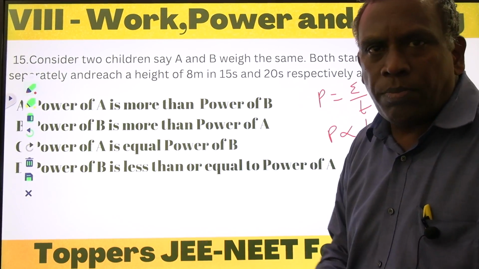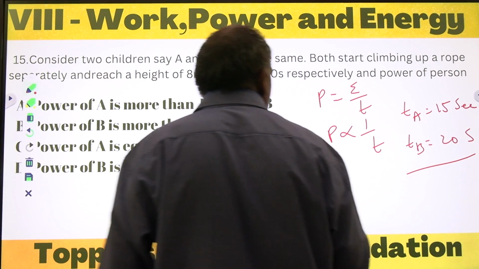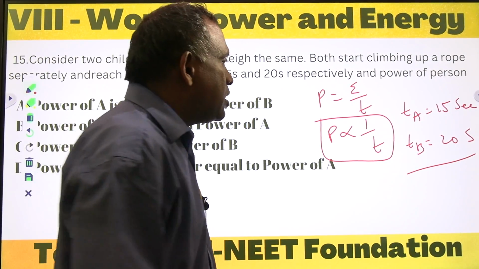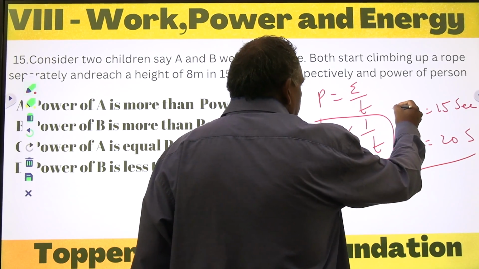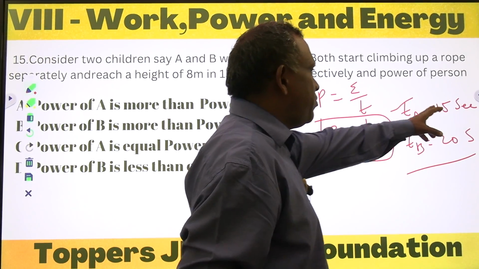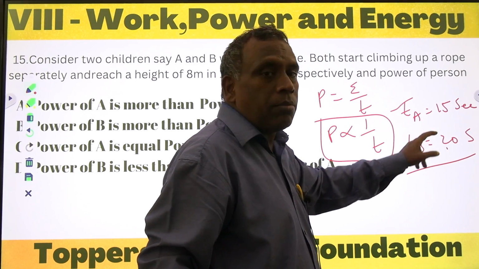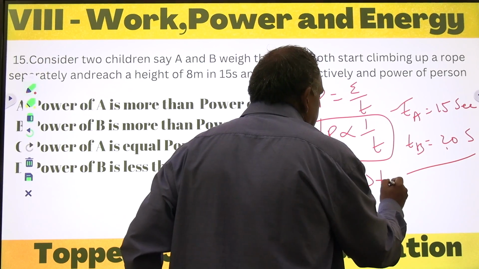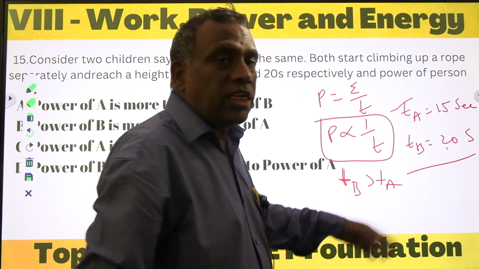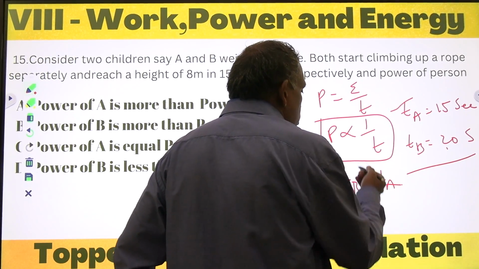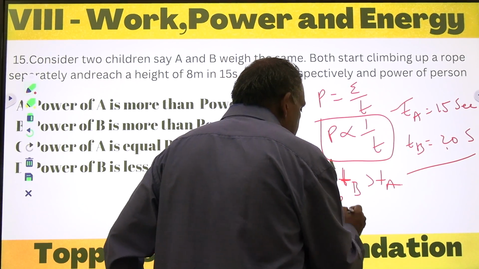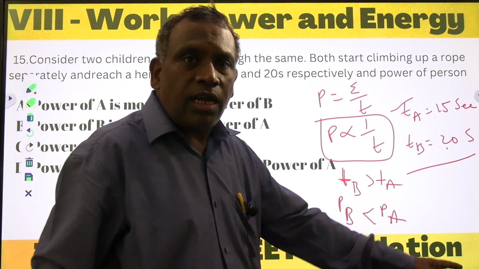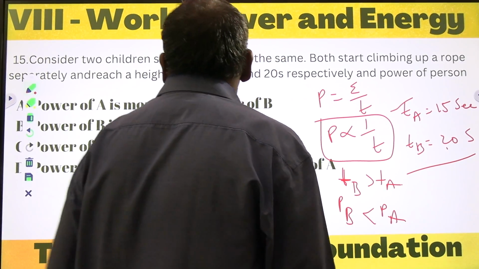Power is inversely proportional to time. Time of B is greater than time of A. Since it is inversely proportional, power of B will be less than power of A. So power of A will be more.